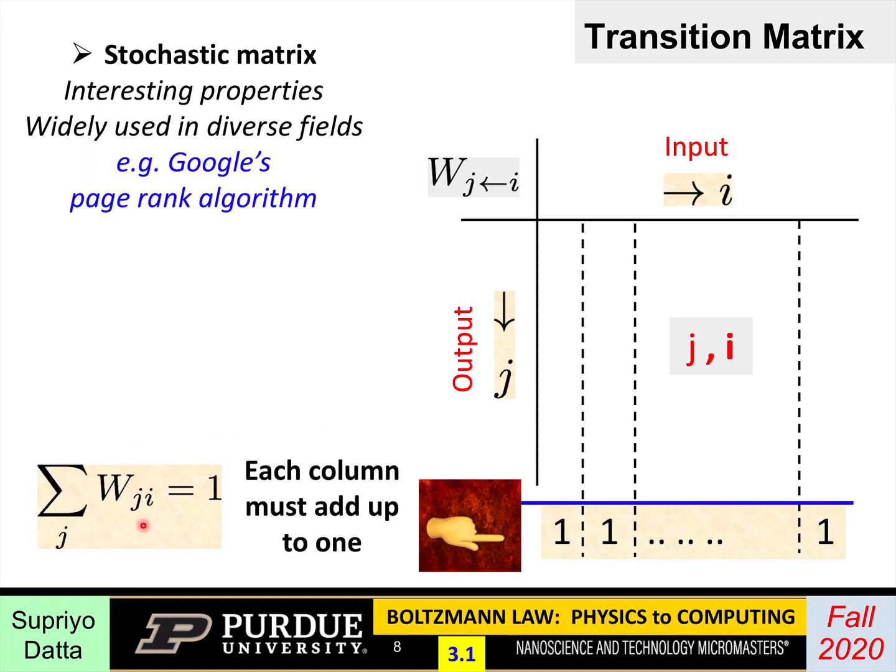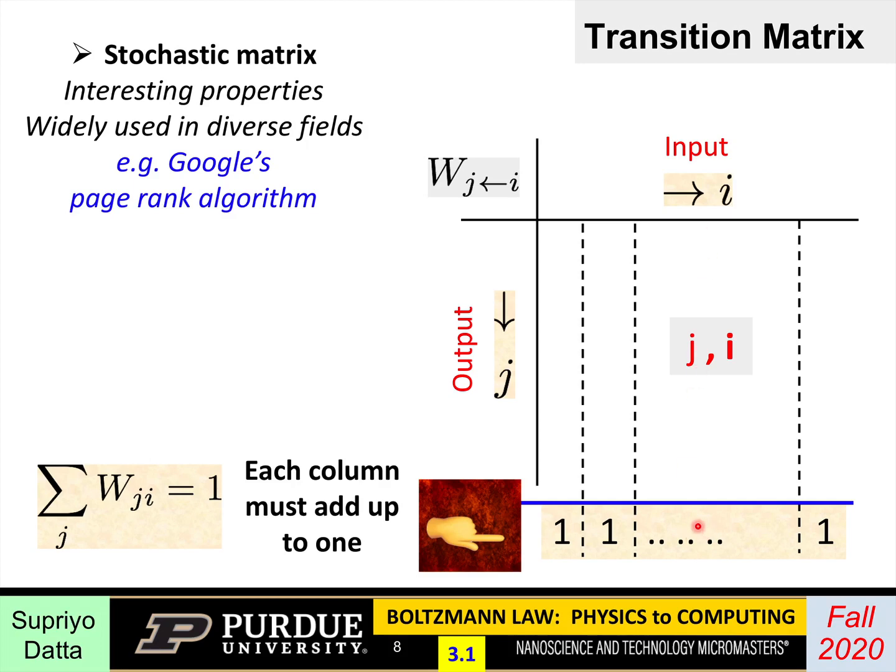One very important property of these matrices, which are called stochastic matrices, is that every column must add up to 1. Why is that? Because this column represents the probability that the system will go to some state J, given that it is in I at this time. Of course, it must go somewhere, which means if I add up all the J's, the answer should be 1.